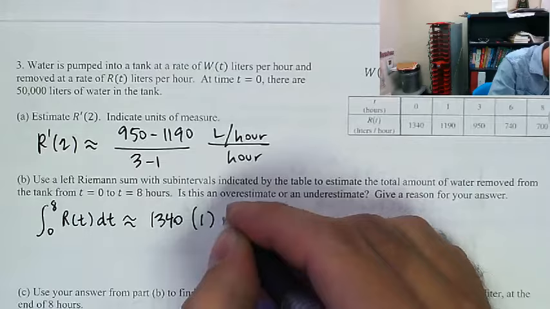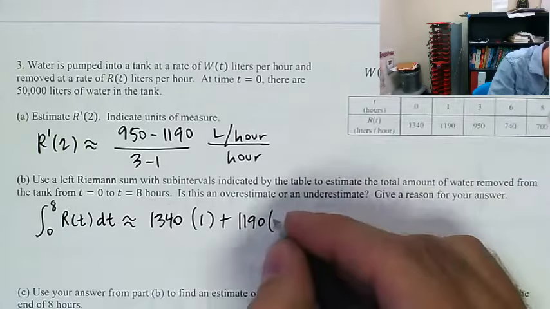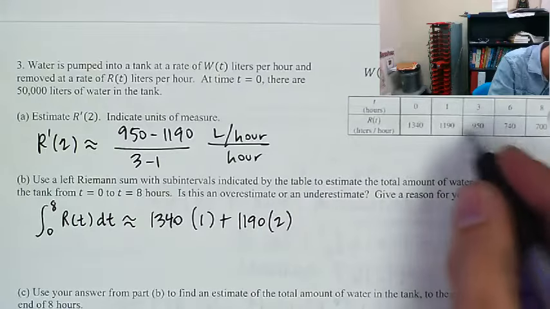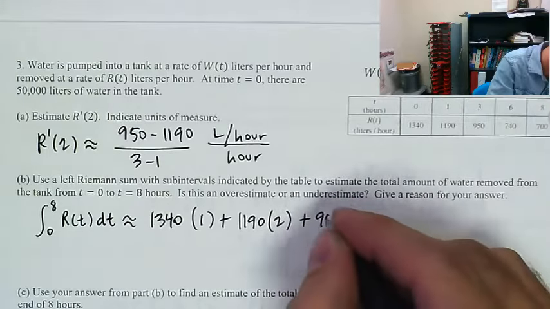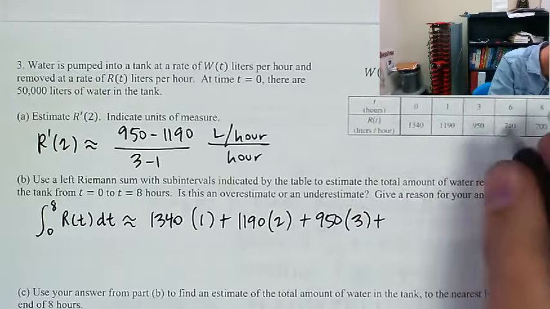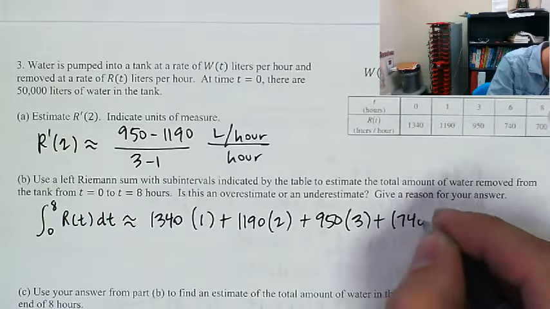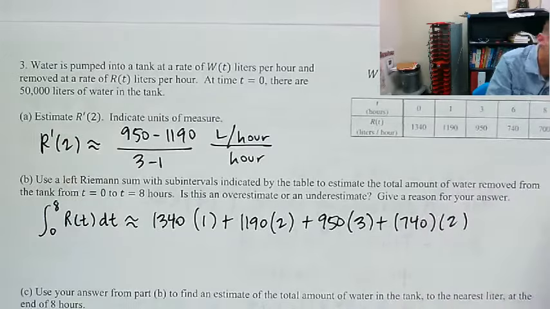My width was 1 there. Left endpoint is my height. Width there. Left endpoint as my height. Width of 3. Plus left endpoint is my height. So I'm 740 times 6 to 8 is a width of 2.